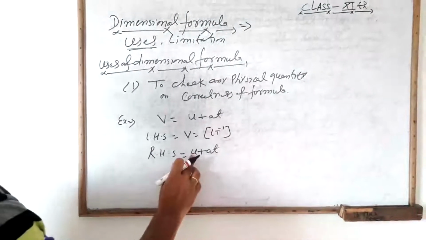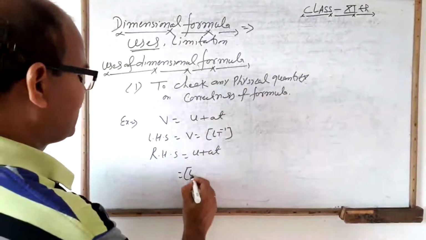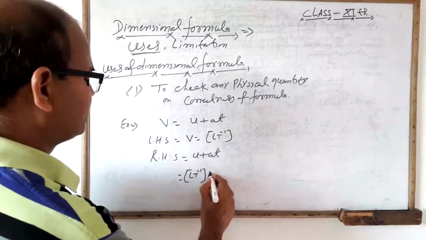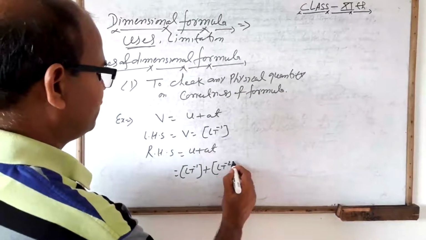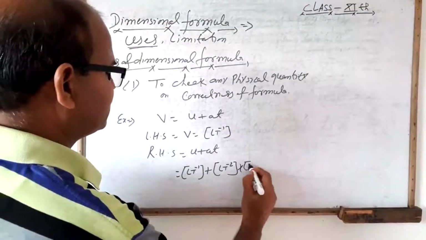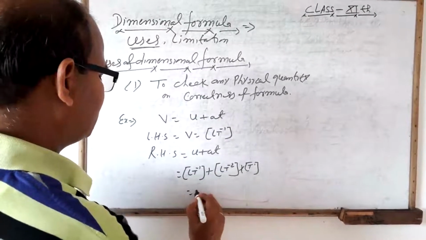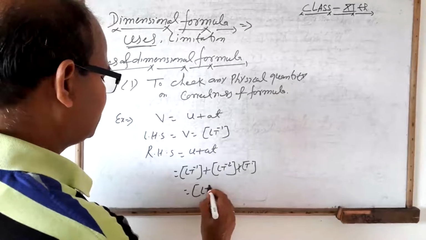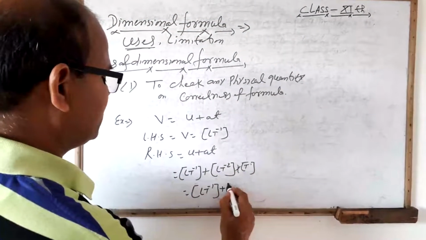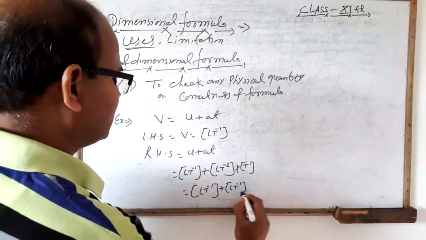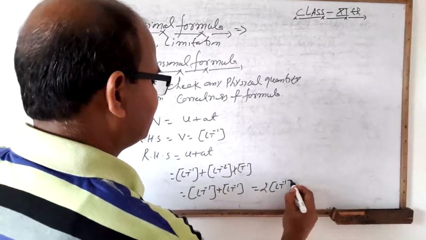U is the initial velocity, so its dimension is also L T inverse. A for acceleration is L T inverse 2 multiplied by t power 1, so the powers give L T inverse.